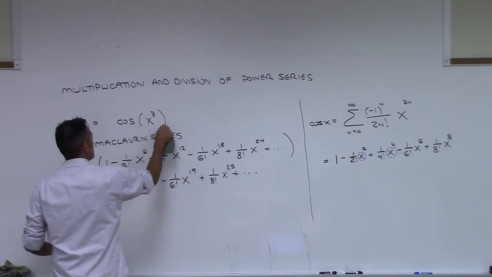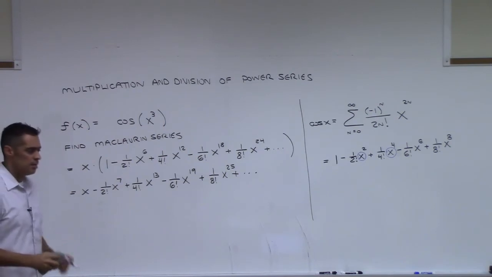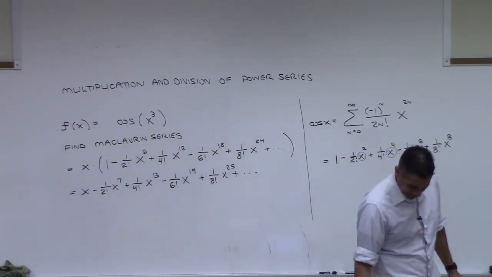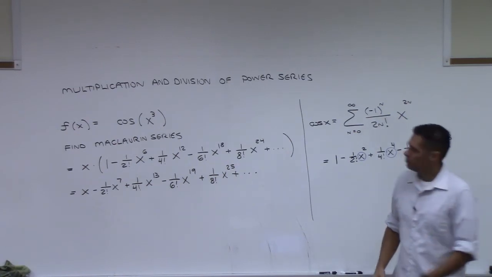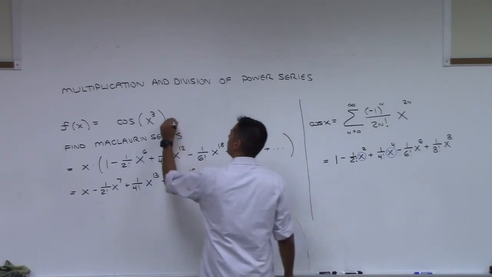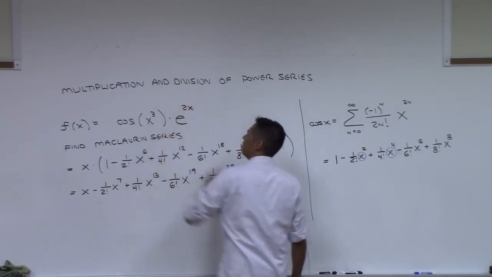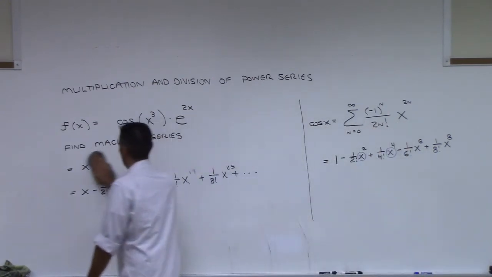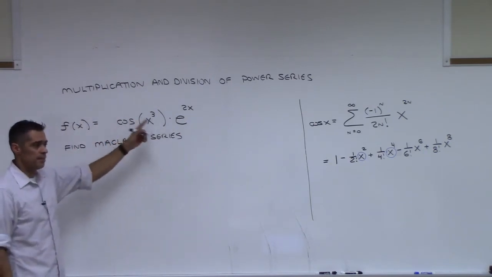Let's take that x out of the front there, and let's do cosine of x cubed times e to the 2x. All right? So we want to find a Maclaurin series for this.